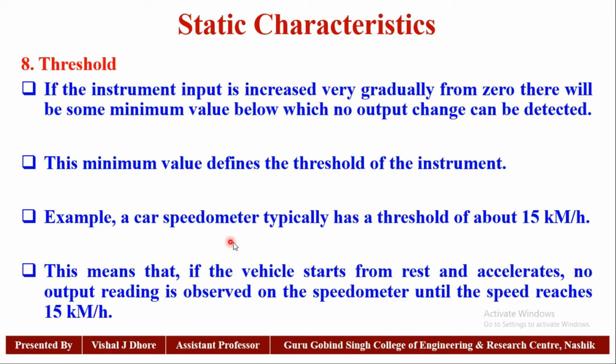A car speedometer typically has a threshold of about 15 km per hour. This means that if the vehicle starts from rest and accelerates, no output reading is observed on the speedometer until the speed reaches 15 km per hour. So this is about the threshold.